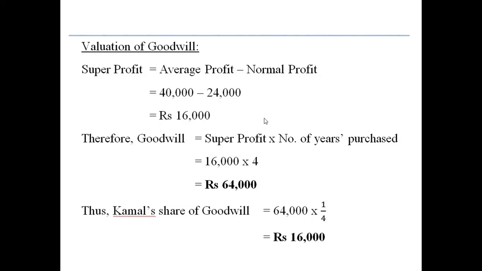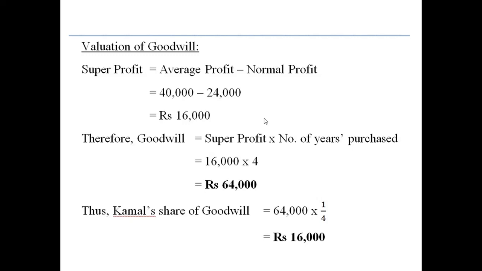In chapter number 1 we saw how to calculate goodwill, using the average profit method, super profit method, even using the capital addition method. Normally in the chapter on admission, retirement, and death, you will not get a question on the capital addition method, but in rare cases you may get. That is why you have to learn the process.